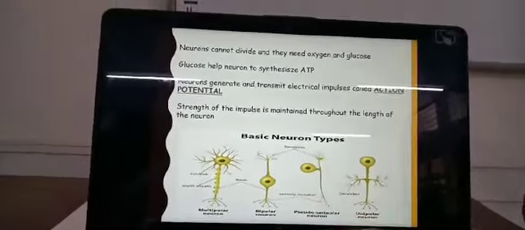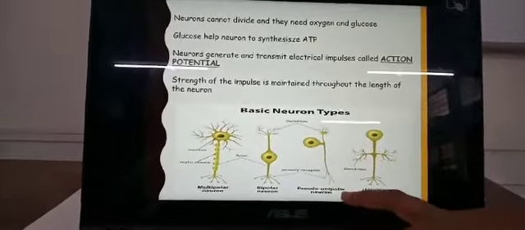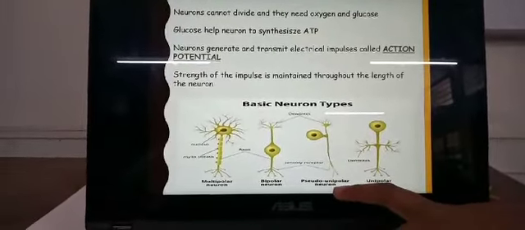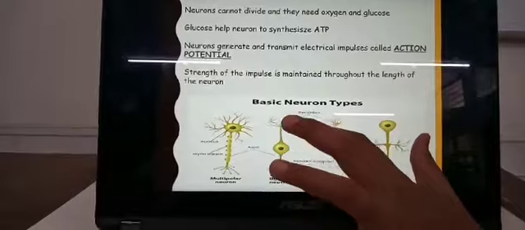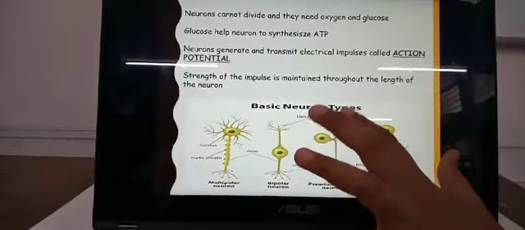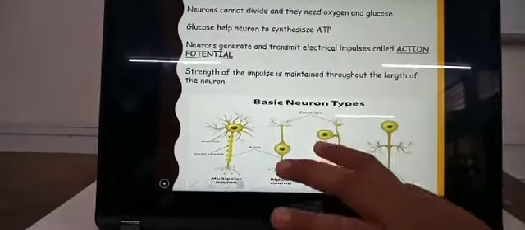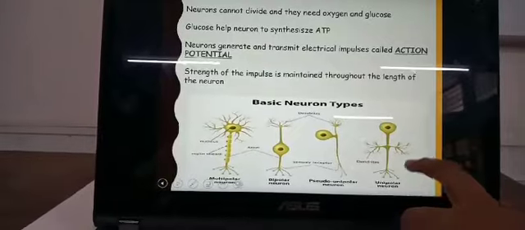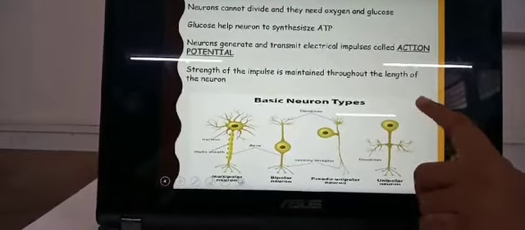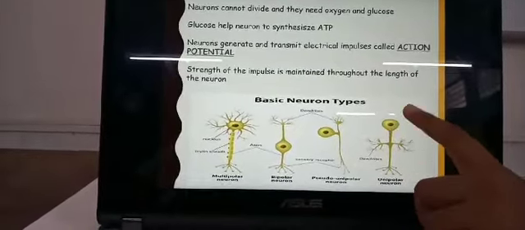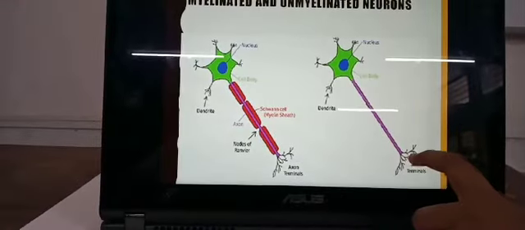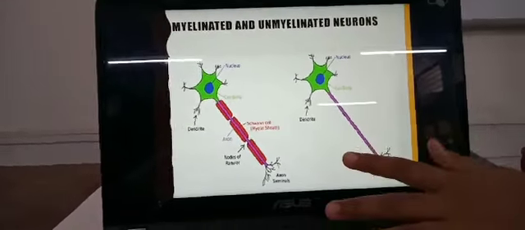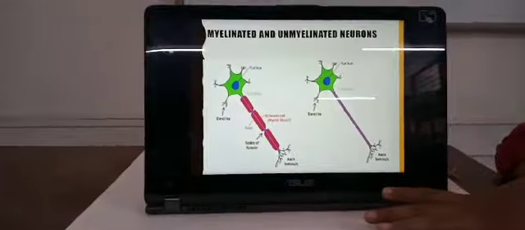Okay, and then you have the pseudo unipolar neuron, which has a false pole, more like somewhere in the sides. And then you have the unipolar neuron, where it's there only in the center. Next, you have the myelinated and the unmyelinated neurons.